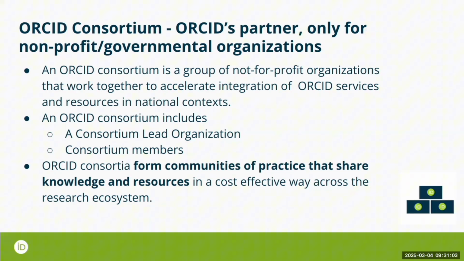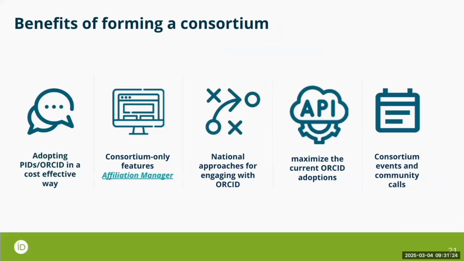The ORCID Consortium is a model for nonprofit or governmental organizations, and it usually contains a group of 5 organizations that work together. The consortium is composed of a consortium lead, that's AAF, along with different consortium members. And as Dalia mentioned, it forms communities of practice. And these are the benefits.